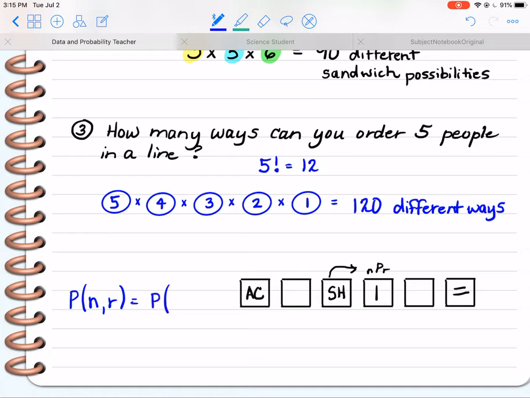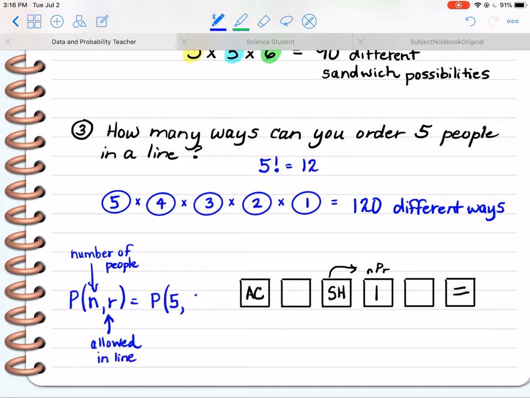How many people are in our line? N stands for the number of people. Well, there are 5. And how many people are we going to let in our line? Are we going to leave some of them out? Are we going to let them all in?